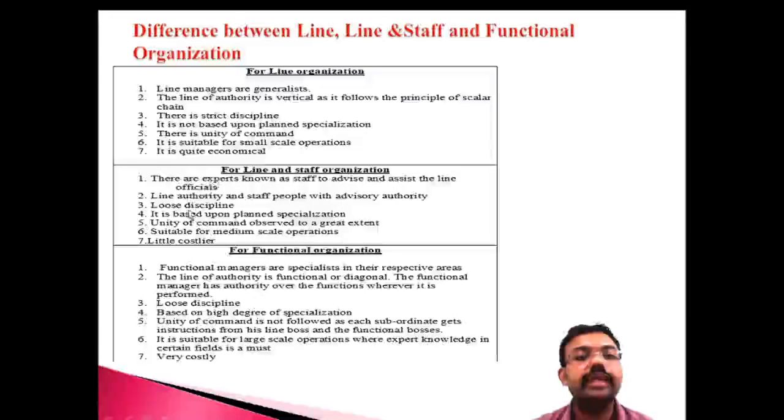There is unity of command to a great extent, but the functional organization does not follow the principle. It is suitable for small, medium, and large scale respectively. The first is economical, the second costlier, and the third a very costly pattern. These are the basic differences between line, line and staff, and functional organization.